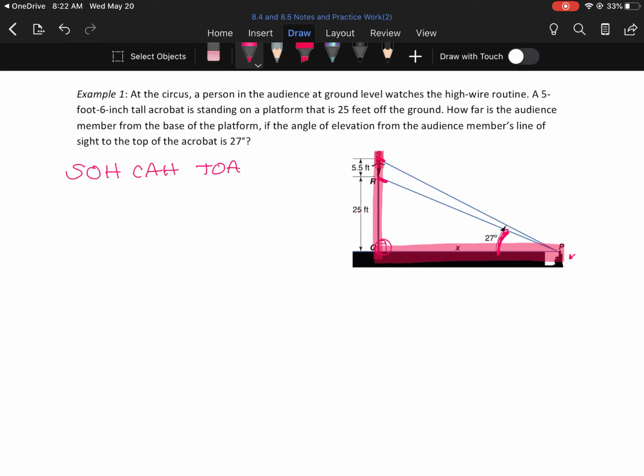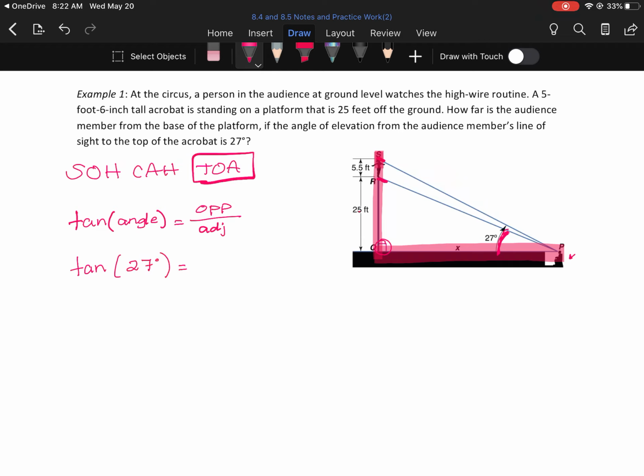So opposite and adjacent is tangent. So we are going to do the tangent of our angle is equal to the opposite length over the adjacent length. So we have tangent, our angle is 27 degrees.